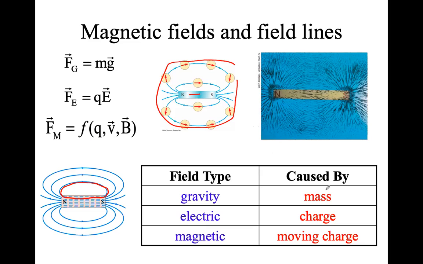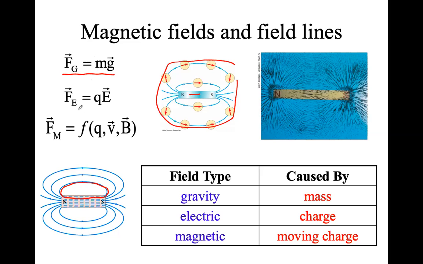Big ones like the sun, the earth or the moon, and even little ones like an object that sits on a table creates a gravitational field. It's just very weak. If you need to find the force due to a gravitational field, you get the field from how much mass there is, like on the earth, and then multiply it by the mass being influenced by that field, and you can figure out the force of gravity, something we call weight.